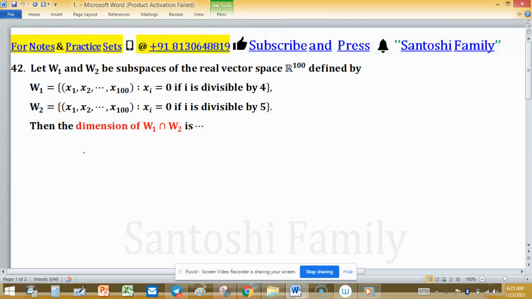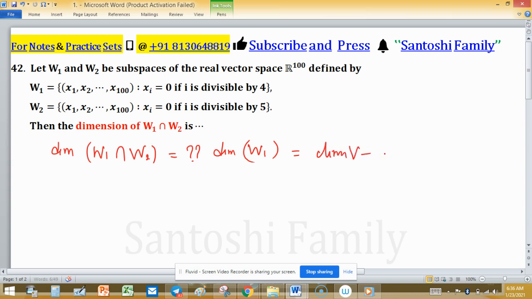So we have to find the dimension of W1 intersection W2. The dimension of W1 will be the dimension of V minus the number of restrictions.